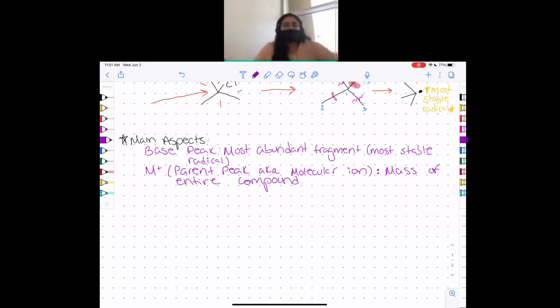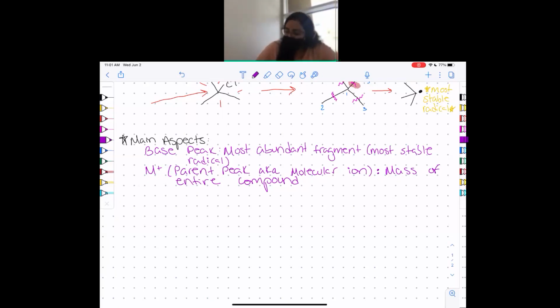Since we're in organic chemistry, we're mostly going to deal with hydrocarbons and heteroatoms and things like that. So all of our compounds are going to have an M plus peak, right?